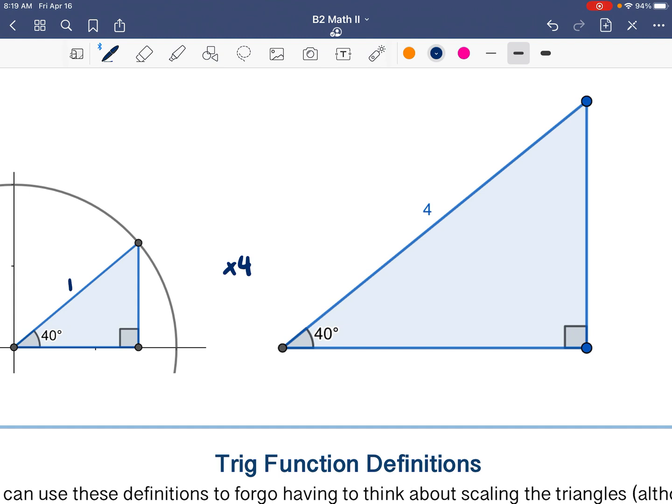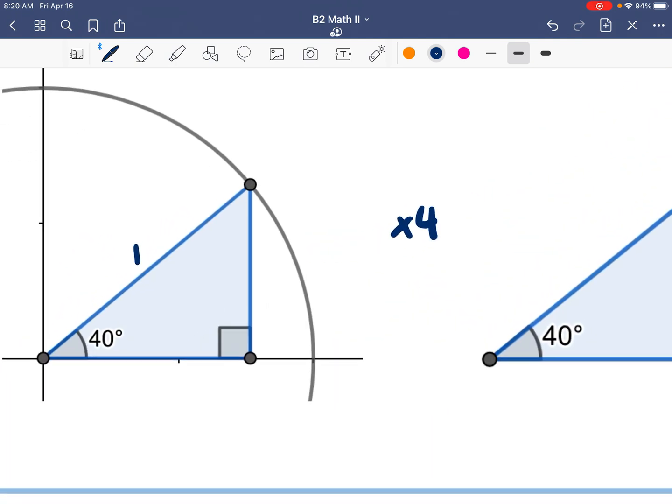So for example, if I'm looking for the two missing side lengths of my big triangle, what I can do, and you can look back at the picture if you need it, this side of the triangle is sine of our reference angle, which is 40. This is cosine of our reference angle, which is 40.